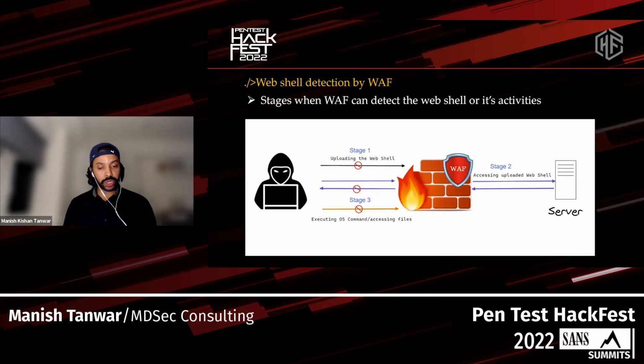When we execute a command or browse an internal directory, these things trigger web application firewall rules regarding command execution or directory traversal, because these are similar. So that's stage three. During that stage as well, our web shell may get detected by the WAF.